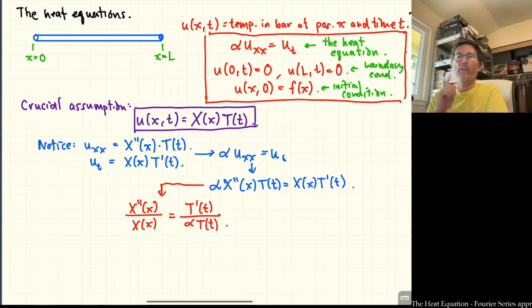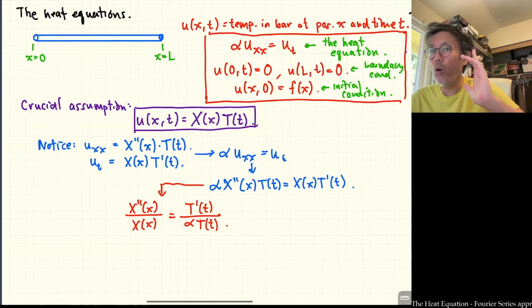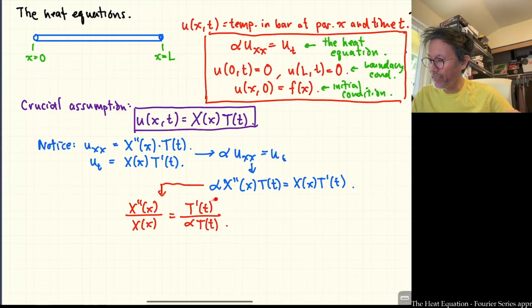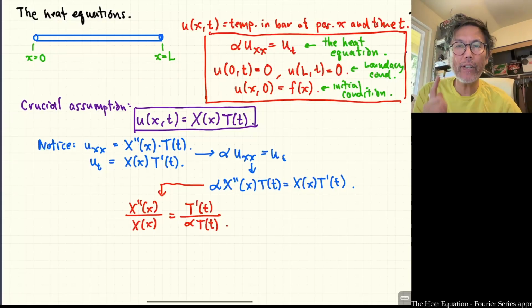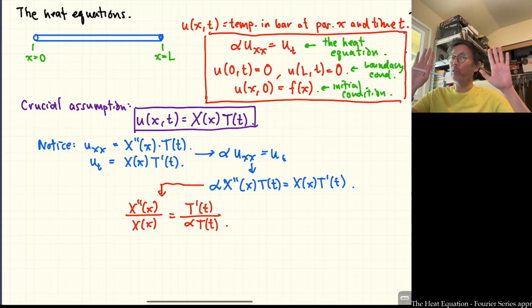Now, here is where we have to really think. The thing that I want you to notice is that this side involves x only, it depends only on x. It does not in particular depend on small t at all. This side is time invariant, okay? Whereas this side only depends on time. It is space invariant. So if there is any variation in either time or space for either one of these quantities, which are supposed to be equal to one another, okay?